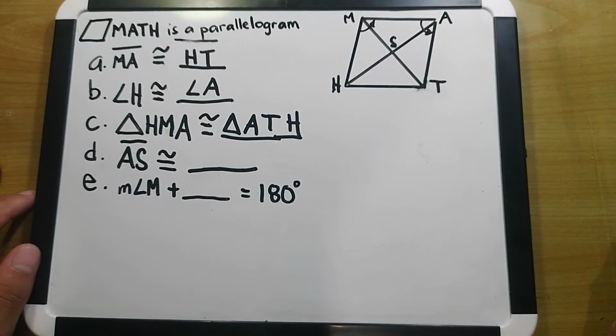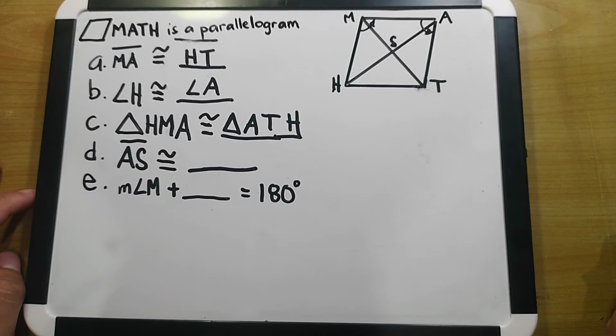Next, letter D. Line segment AS is congruent to blank. We will look for the other line segment congruent to side AS. In the figure, what is the line segment congruent to side AS?